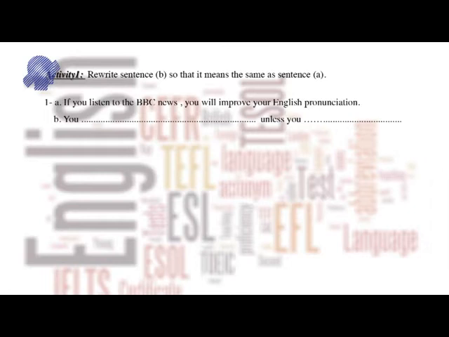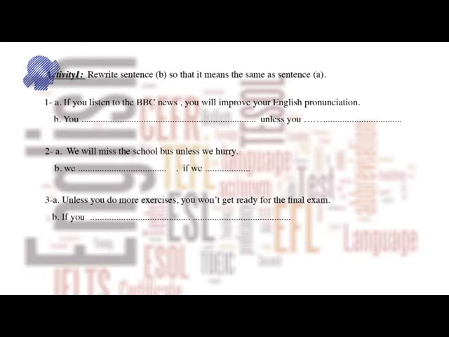Second example. We will miss the school bus unless we hurry. This time we want you to rewrite the sentence using if. So start with "we", if we, okay? Third sentence. Unless you do more exercises, you won't get ready for the final exam.